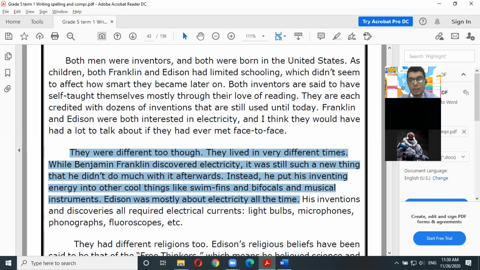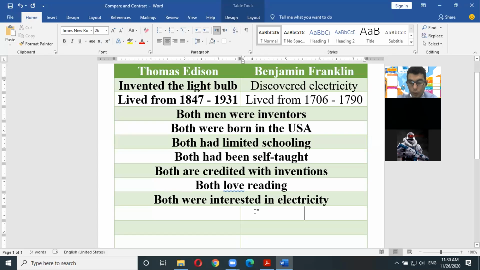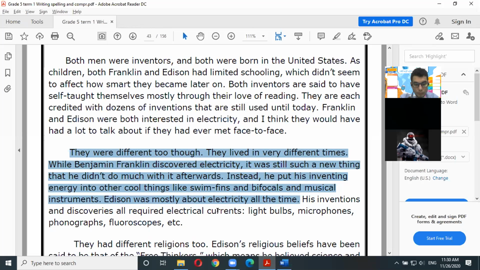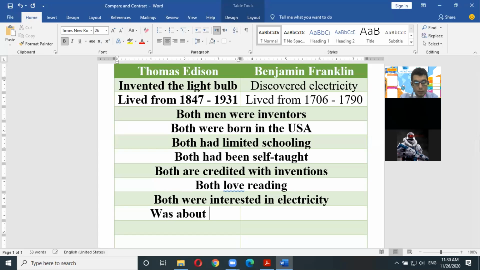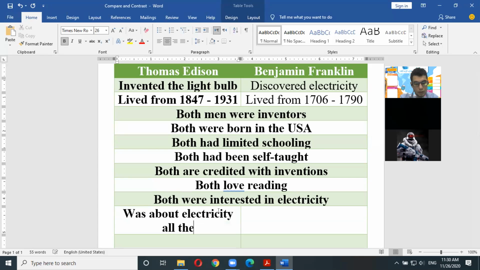Amazing, Omar, really. You conflicted yourself, but you are now correct. Edison was all of the time about electricity. But Benjamin Franklin was not all of the time about electricity.